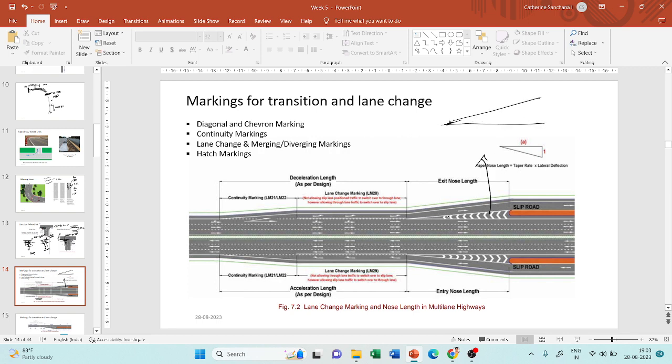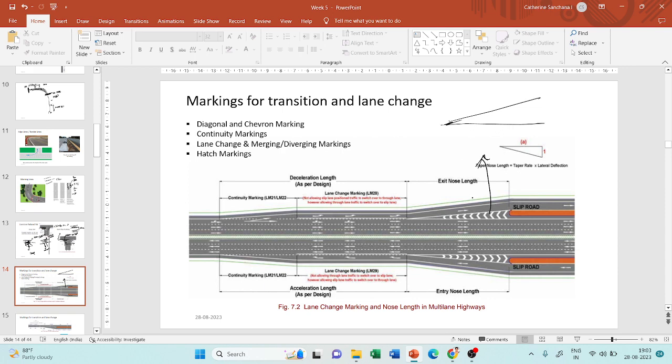These are not longitudinal. These are not going to be provided all along the length of your roadway, but they will be provided at specific locations, right? And these are called diagonal or chevron marking.